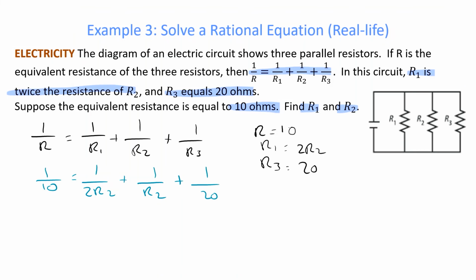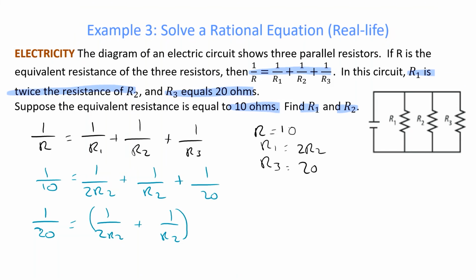So now that we have done our substitution, next we will start solving this. So we're going to subtract 1 over 20 from both sides. So we will have 1 over 20 is equal to 1 over 2R2 plus 1 over R2.